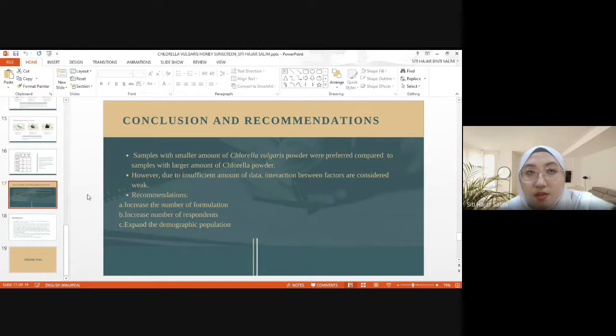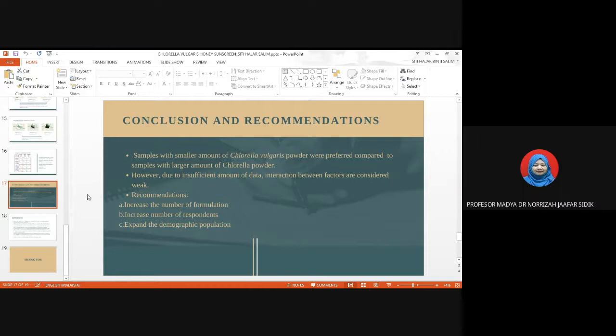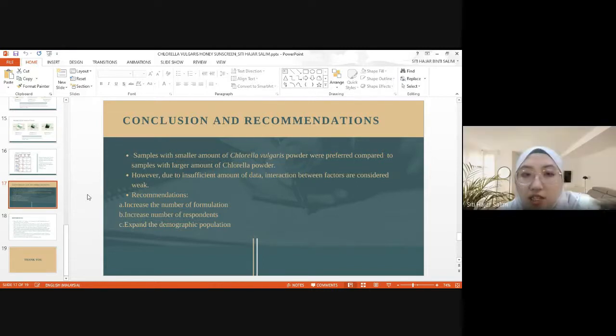So that's why people usually prefer it when the amount of Chlorella is lesser or in small amount. The same goes to the odor because the Chlorella vulgaris has a strong, not very pleasant odor. So because of the odor, color, and appearance.